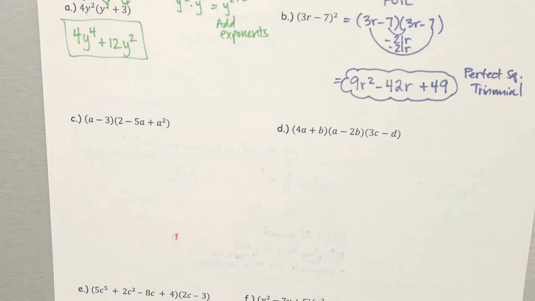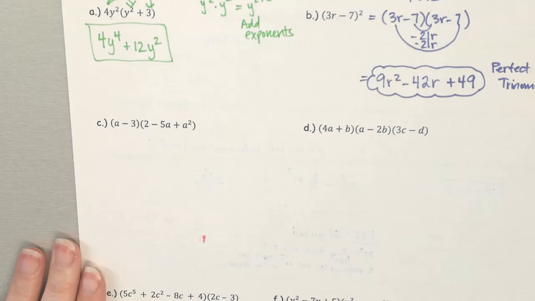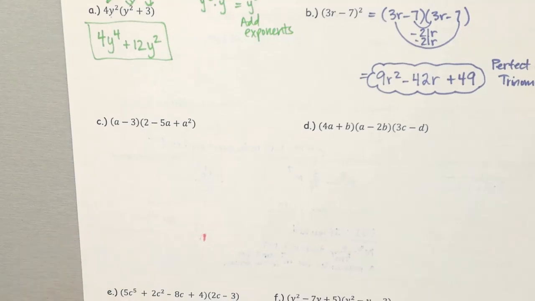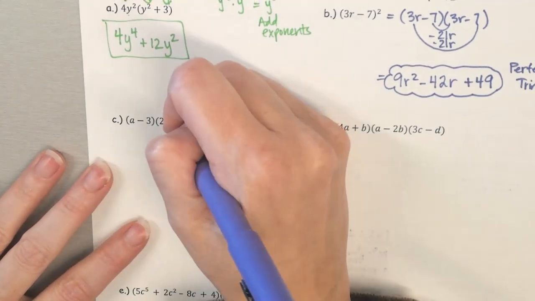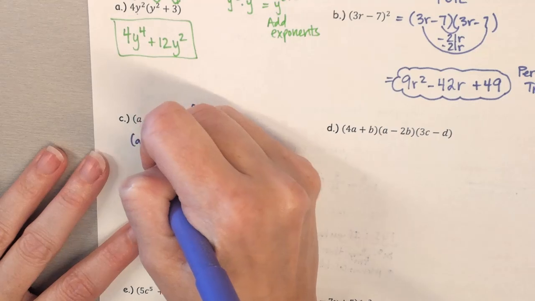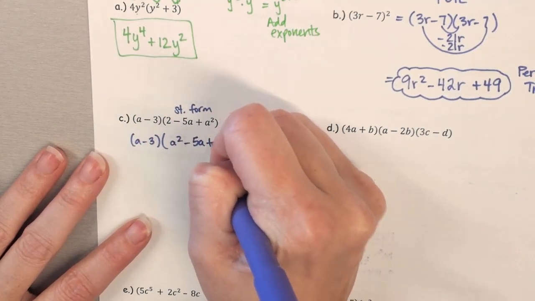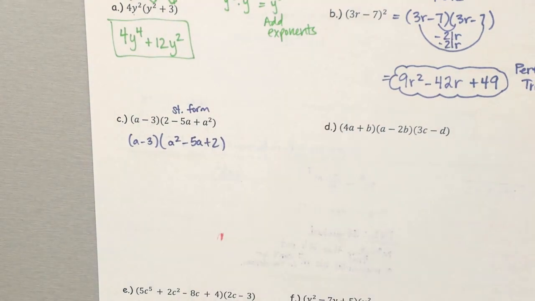Okay, now for ones like this, do you see how this isn't in standard form here? You don't have to put it in standard form at this point, but I think it's a little bit easier. Okay, so if you want to write this in standard form, you'd have a minus 3 times a squared minus 5a plus 2. And I think it makes it a little bit easier.